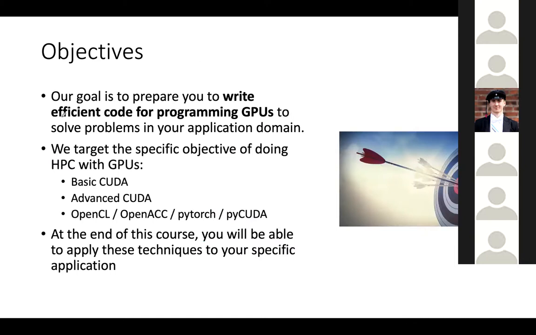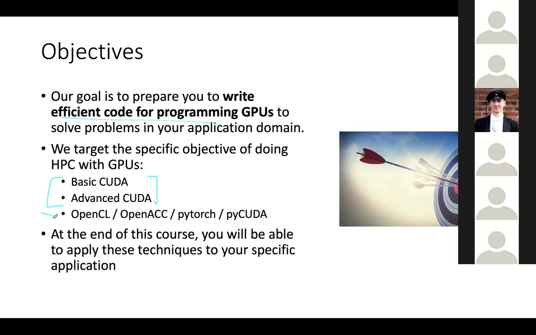So the goal of the course is really to enable you to write efficient code for programming GPUs, where efficient code means you understand the GPU architecture and the advanced features of programming, and you know how to exploit all these features. So we are basically dealing with computer architecture for GPUs, also some accelerator basics and advanced CUDA that we start in modules 2 and 3.